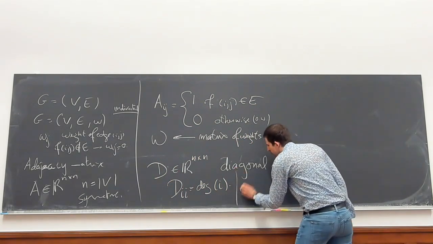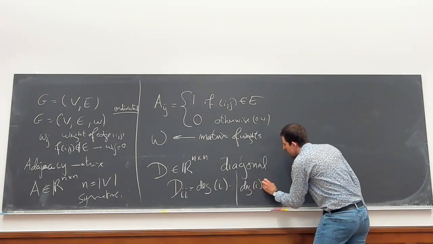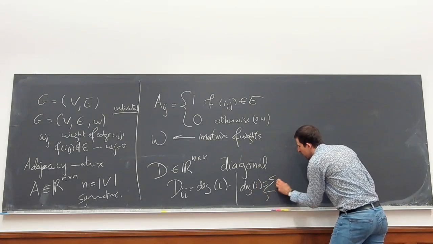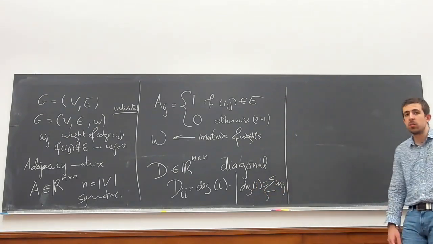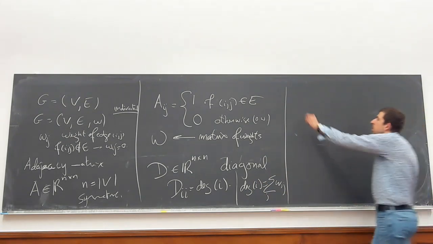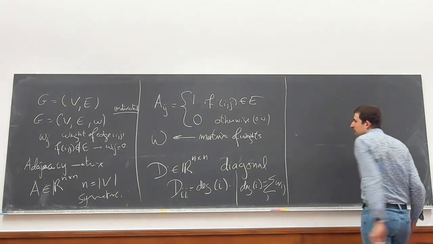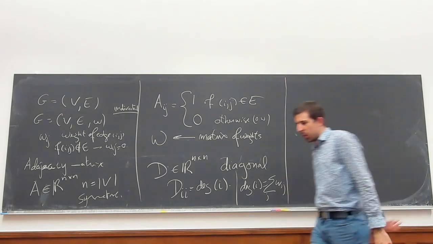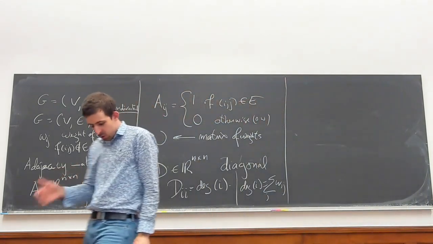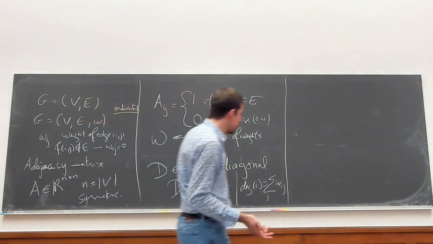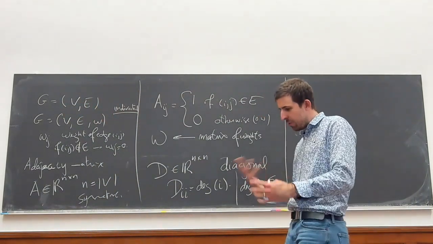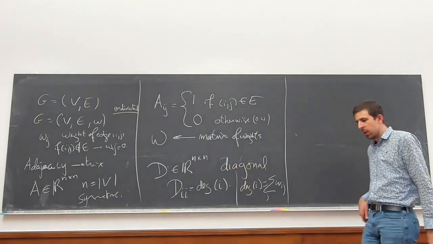Recall that the degree of node i is simply the sum over all its neighbors of the edge weights, or if it's unweighted, it's simply the number of neighbors of i. That's what the degree is. And essentially, these are the two building blocks for spectral graph theory. These are the matrices that sort of define all the other matrices.